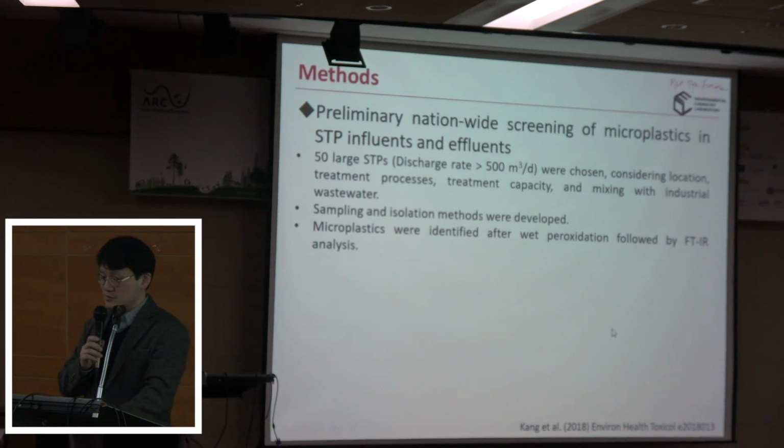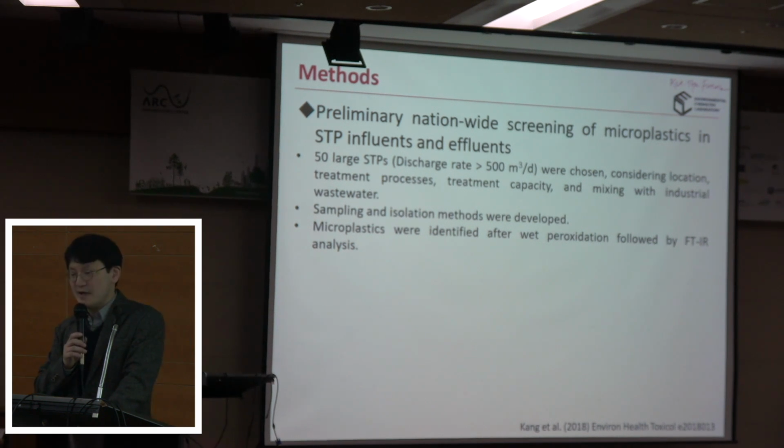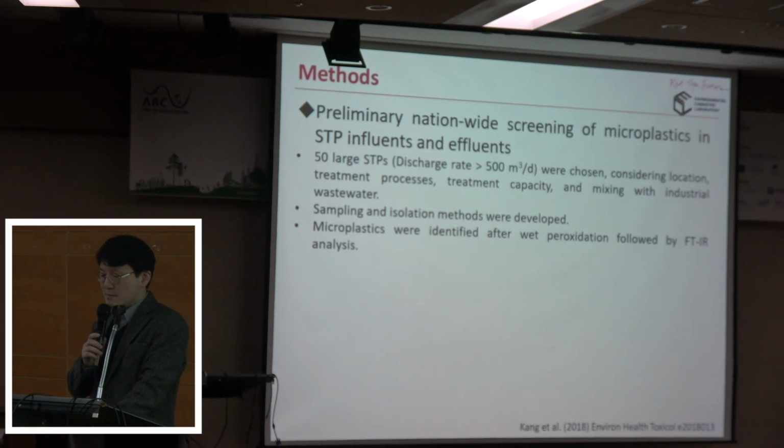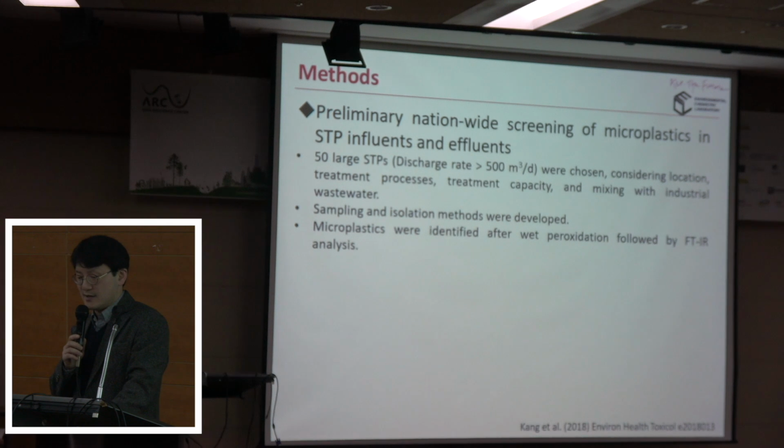The primary goal of our study is a preliminary nationwide screening of microplastic, not just for a few sewage treatment plants, but covering most of the large plants in South Korea.